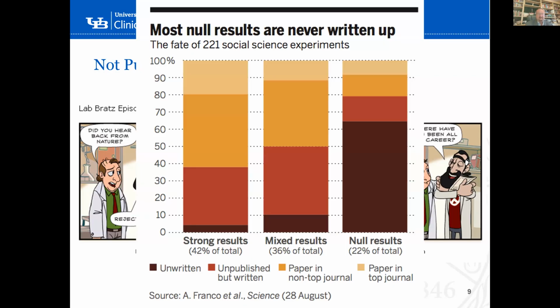Mixed results are still good for publishing. If you get negative results, they hardly ever get published. Two-thirds of the time, nobody sees that article at all. And that's wrong. It's bad for science, and there's a big push of journal editors to accept negative trials because of this.